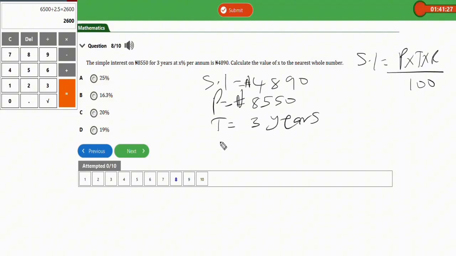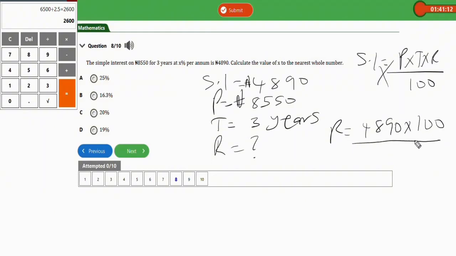We are looking for the rate, which is unknown. When you cross multiply, the rate will be simple interest, 4,890 naira times 100, over the principal, 8,550 naira, times the years, 3.